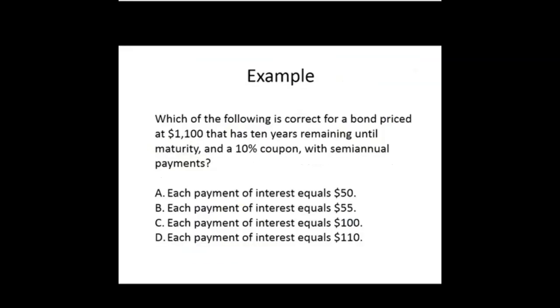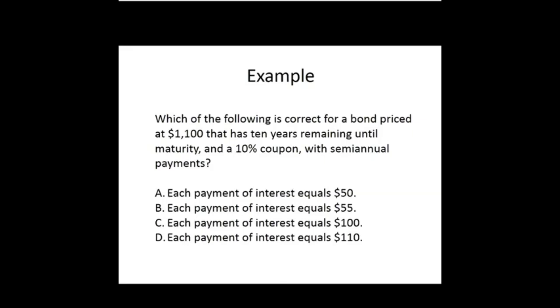So which of the following is correct for a bond priced at $1,100 that has 10 years remaining until maturity and a 10% coupon with semi-annual payments? The answer is A. Each payment of interest equals $50.